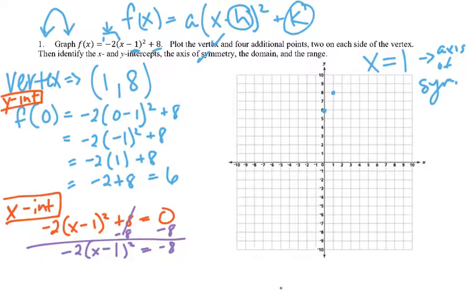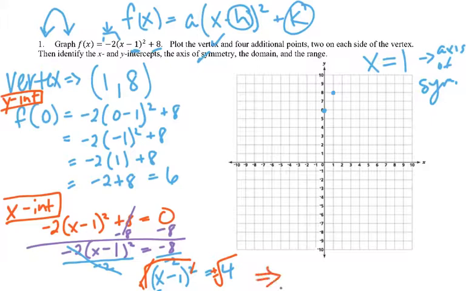Now we're going to divide both sides by negative 2, which will give us x minus 1 squared equals positive 4, because negative 8 divided by negative 2 is positive 4. We're going to take the square root of both sides. Remember, that gives us a positive and negative result, and the square cancels the square root.